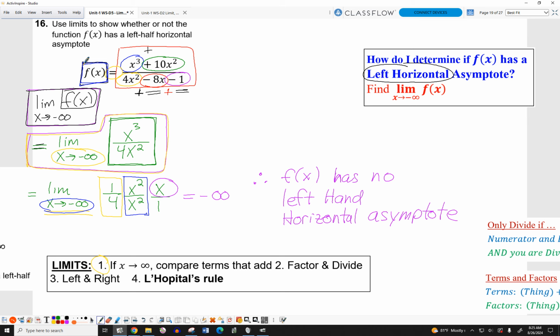We're trying to find the limit of f because we know we're trying to find the horizontal asymptote. But finding the limit of f would be equivalent to finding the limit of something like, I could come over here and put another equal sign and say this is the same as finding the limit as x approaches negative infinity. Henry's getting a full ticket because it really is a crucial thing to understand.